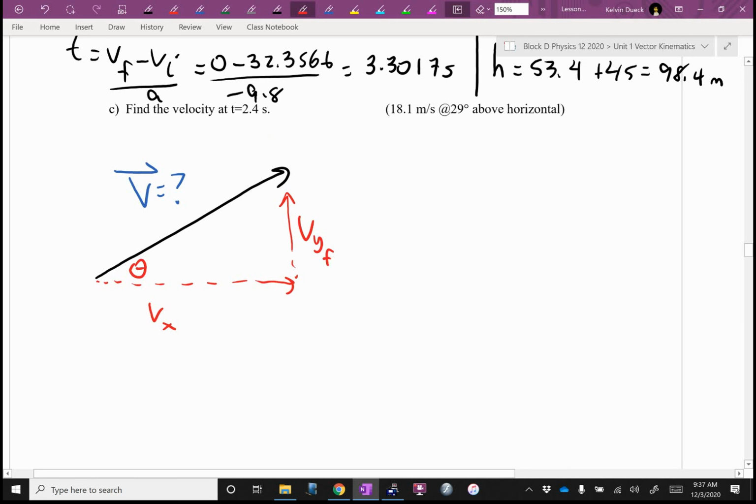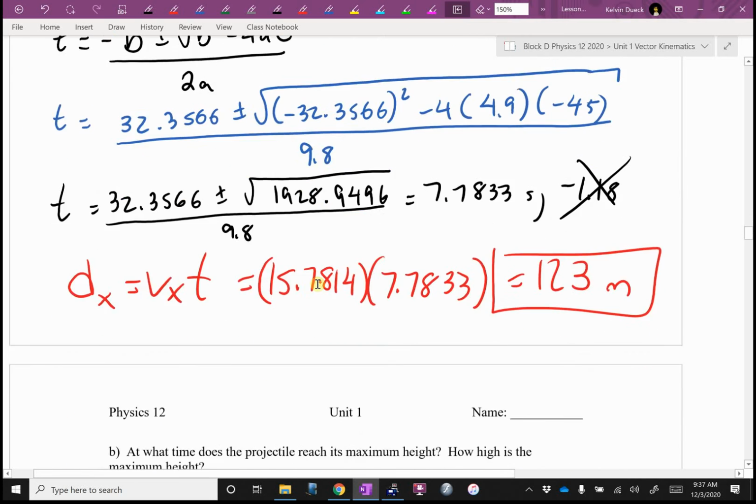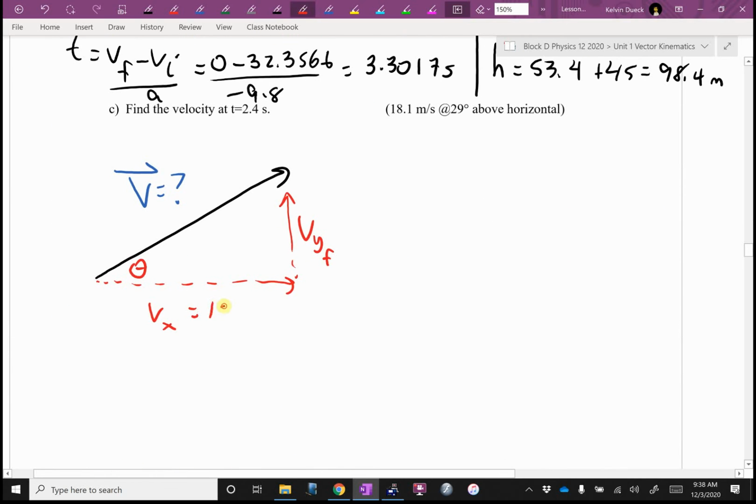I know one of these already, because Vx never changes. It was, I'll scroll back for you, 15.7814. I know that ay was negative 9.8.